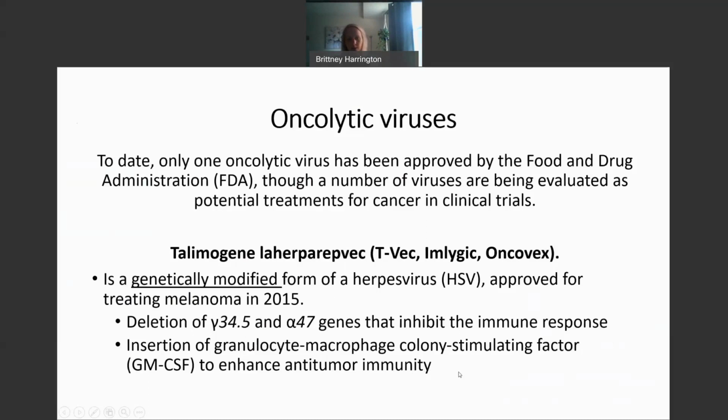Because the herpes virus, unlike HPV, does cause cell lysis, once the virus infects the tumor cell and lyses, it causes GM-CSF to be released to call anti-tumor immune cells to the site. It also releases antigen from the tumor so that those recruited immune cells can pick up the antigen and present it to T cells.